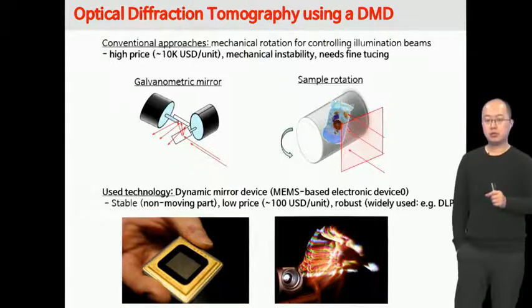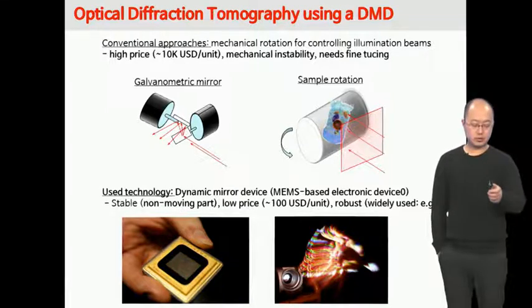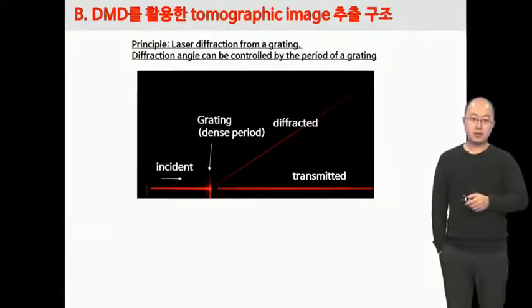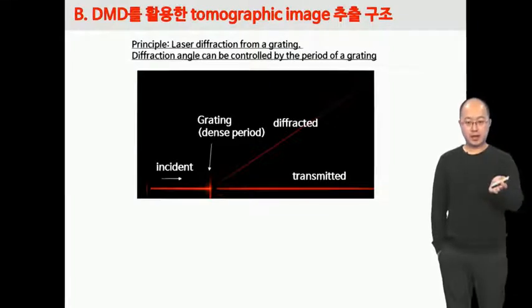One unit is only about $100. So how can we control the illumination angle using a DMD? This concept can be understood by using this schematic of laser diffraction by a grating.